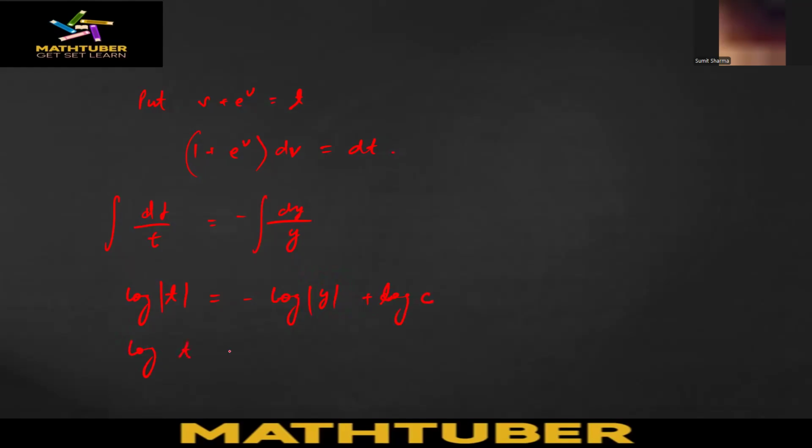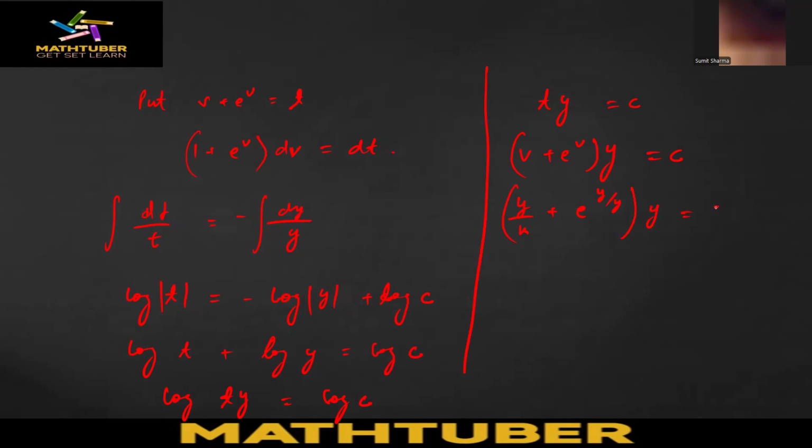So log t plus log y is equal to log c, which is log of ty is equal to log of c. So ty will be equal to c. T will be (v plus e raised to power v) into y is equal to c. And this will be (y upon x plus e raised to power y upon x) into y is equal to c. And this will be the answer.